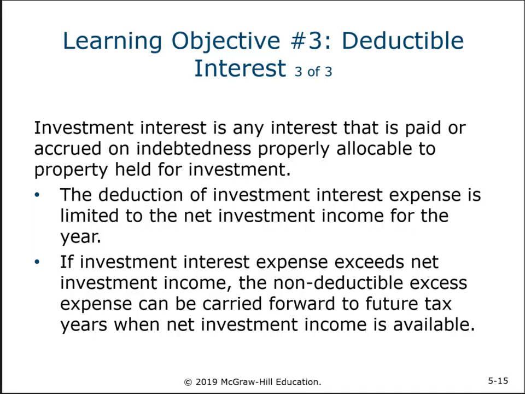Then, if you still have investment income, then you can deduct your investment interest. If you have more investment interest than you have investment income, then the rest is non-deductible in the current year and is carried forward to future years to see if that investment income is available in the future years. Okay?